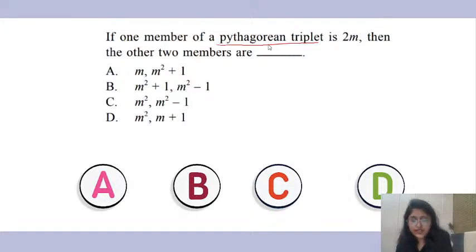Okay, so the question we have here is that if one member of a Pythagorean triplet is 2m, then the other two members are what? Okay, so how will we do it? First of all, let's see what is a Pythagorean triplet. A Pythagorean triplet is when a square plus b square is equal to c square.